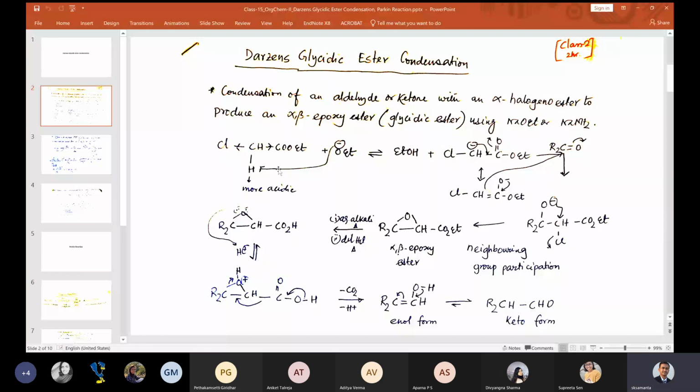So in Claisen ester condensation, we took ethyl acetate. That means here you had one hydrogen. What we did was remove one hydrogen and replace it with a chlorine. That is the only difference.